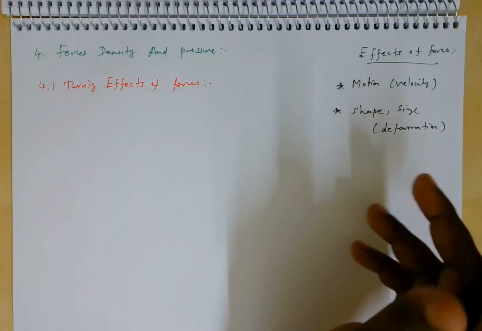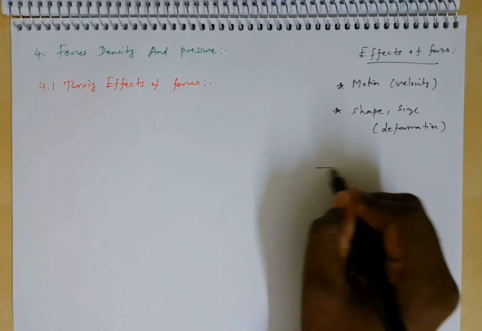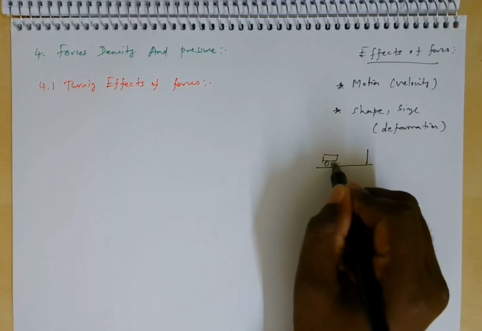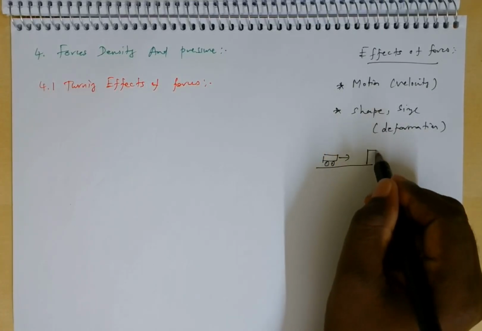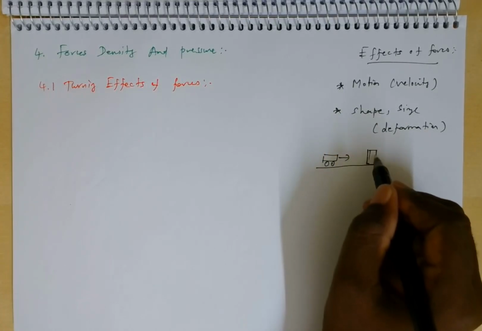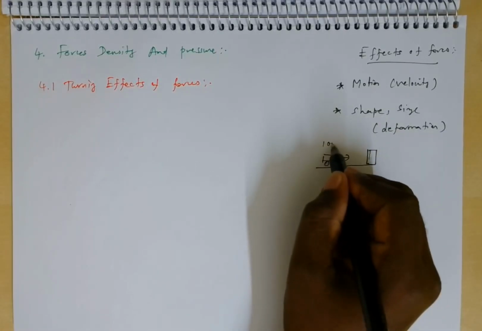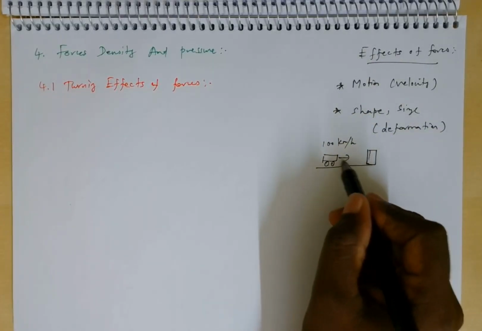Okay, so for example, let's say here is a car moving and here is a wall, and the driver is, let's say, drunk and running towards the wall at full speed, and this is a very strong wall. This wall will not even shatter if the car hits at, let's say, 100 km per hour. Okay.